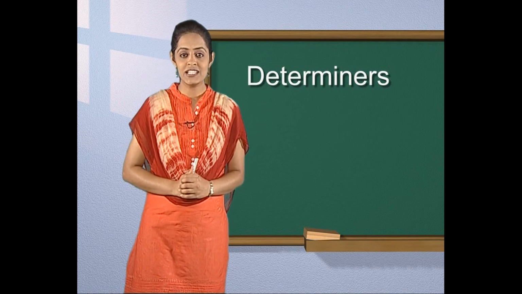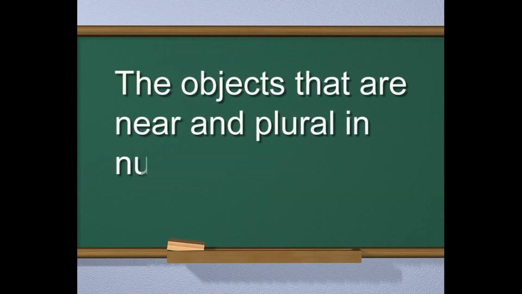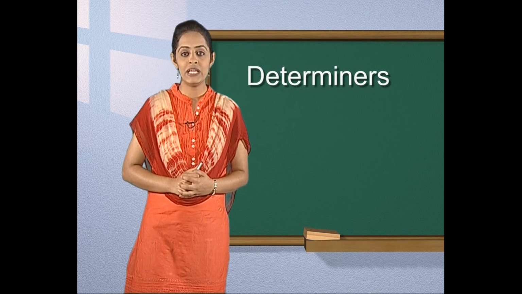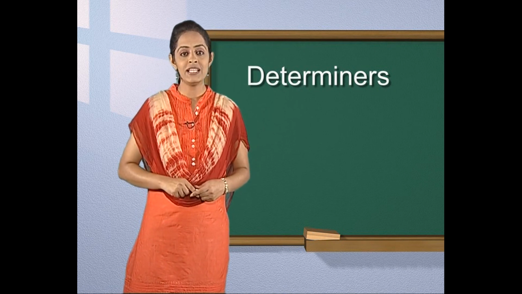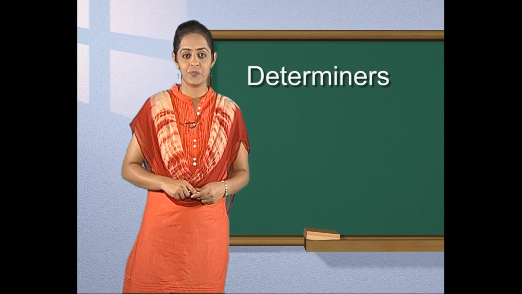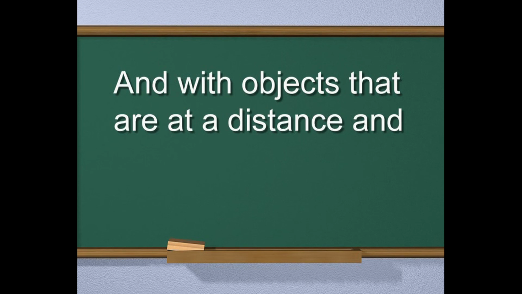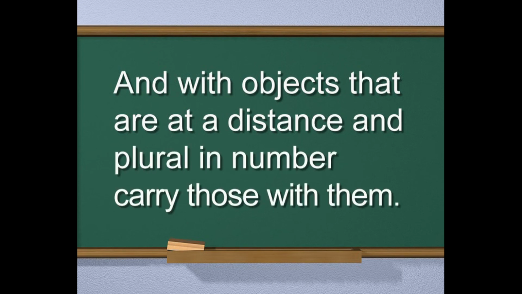You must have marked that the objects that are near and plural in number carry these with them. ਉਹ ਵਸਤੂਆਂ ਜੋ ਕਿ ਨੇੜੇ ਅਤੇ ਨੰਬਰ ਵਿੱਚ plural ਹਨ ਉਹਨਾਂ ਦੇ ਨਾਲ these ਲੱਗਦਾ ਹੈ. And with objects that are at a distance and plural in number carry those with them.